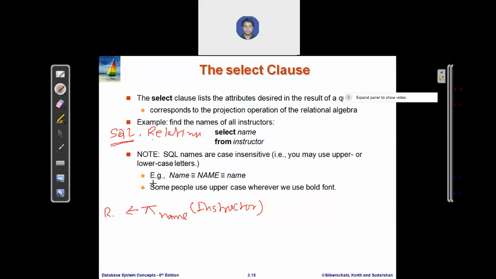Suppose in your instructor relation there are two instructors with the same name Rahul, it will give you Rahul twice in the resultant table. But in relational algebra it will give you Rahul only once. Is it clear? SQL contains duplication, but relational algebra does not.